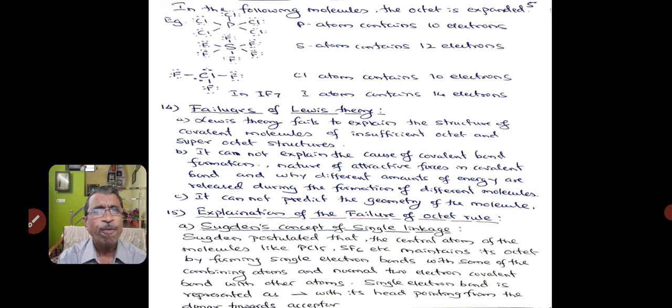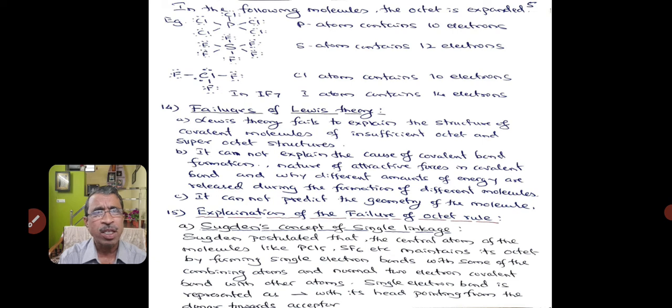Lewis theory fails to explain the structure of covalent molecules of insufficient octet and superoctet structures. It cannot explain the cause of covalent bond formation, nature of attraction, attractive forces in covalent bond, and why different amounts of energy are released during the formation of different molecules.